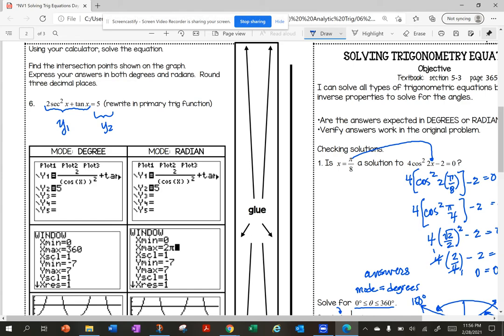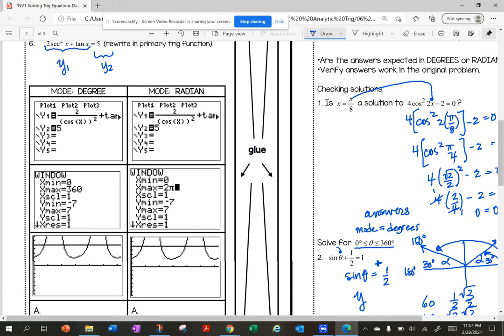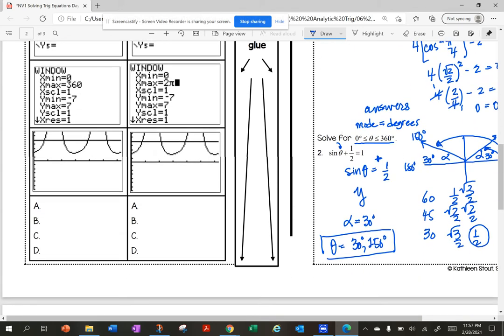Secant is 1 over cosine, so this is 1 over cosine when I'm putting it in. You can see these are my settings that I set up, and I want to be able to see this.